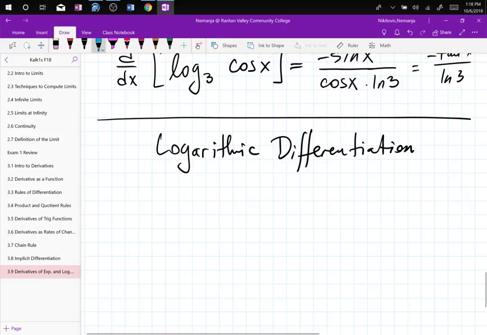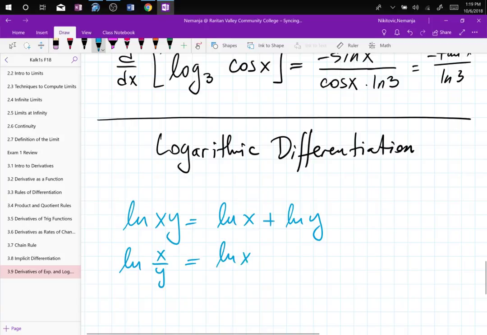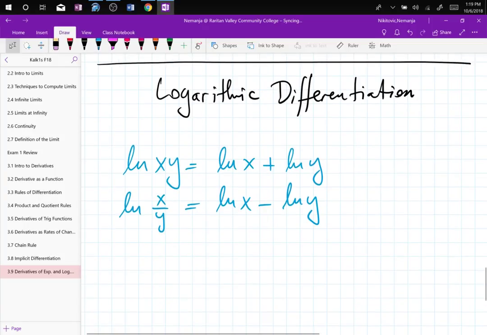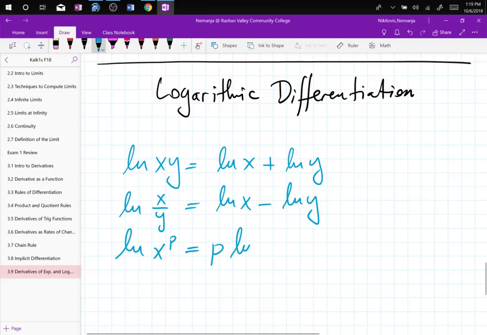So we have that ln of xy is ln x plus ln y. ln of x over y is ln x minus ln y. And finally, ln of x to the p is p ln x.